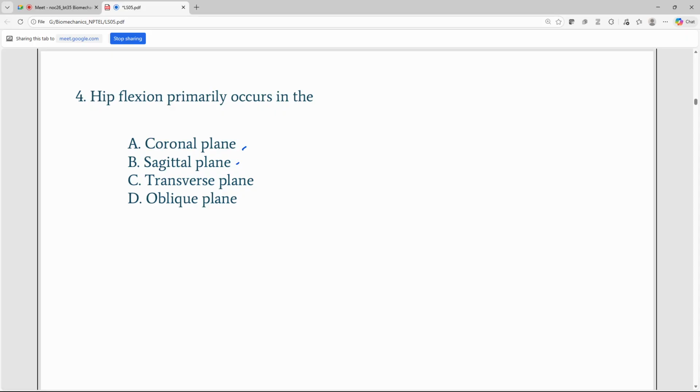The question is about hip flexion. In which plane does the hip flexion primarily occur?